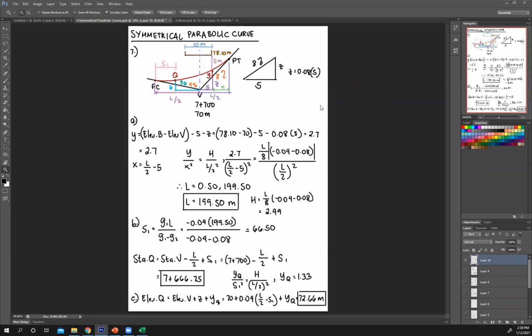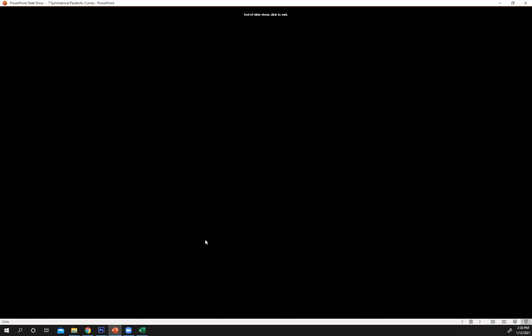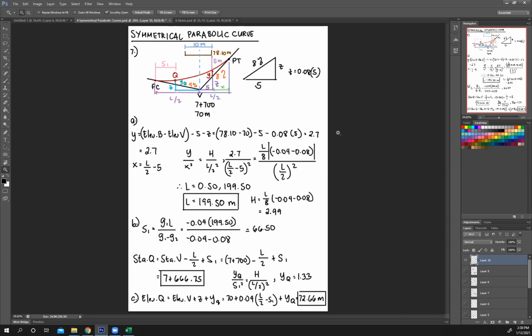All right. So that ends your symmetrical parabolic curve, I believe. Does anyone have any questions for symmetrical parabolic curve? Any confusion? Anyone wants to clarify something?